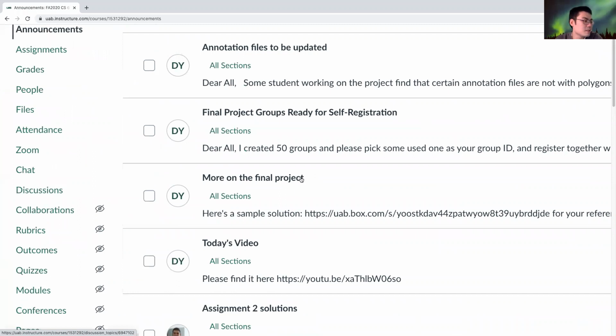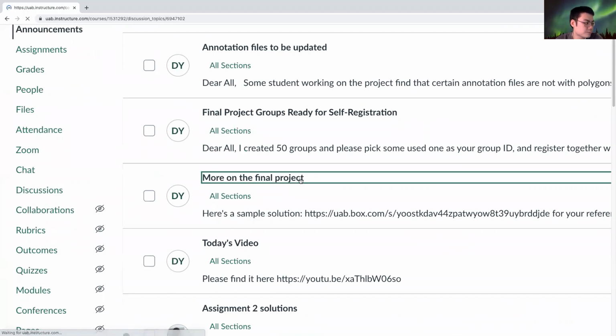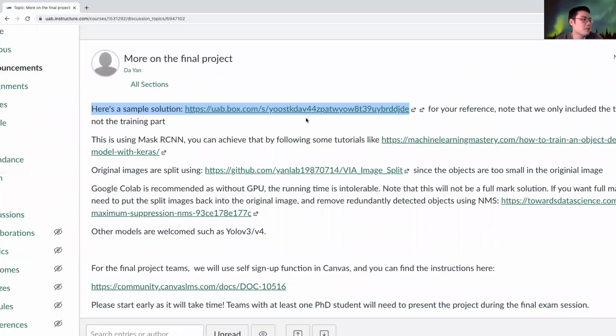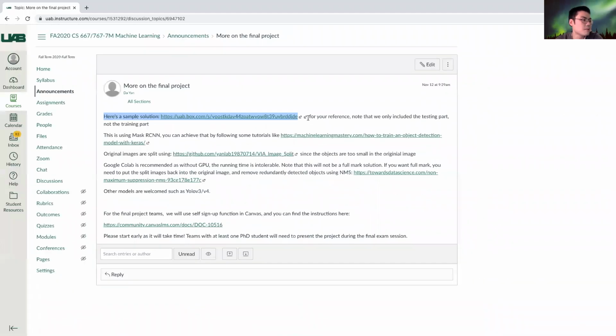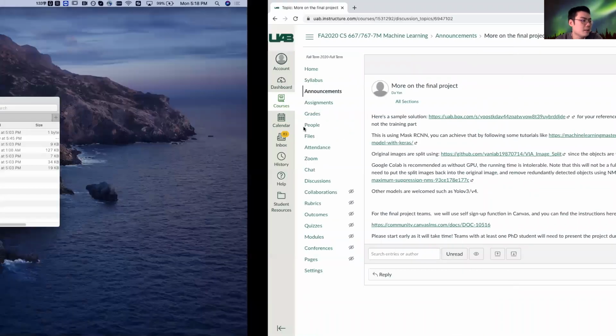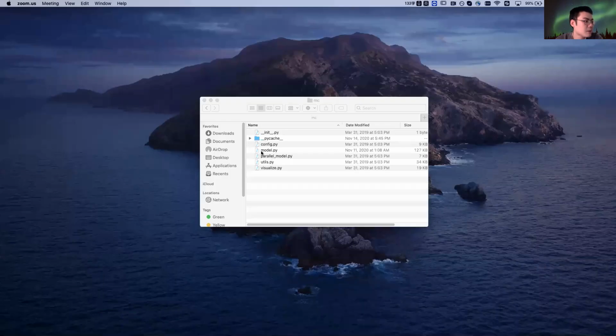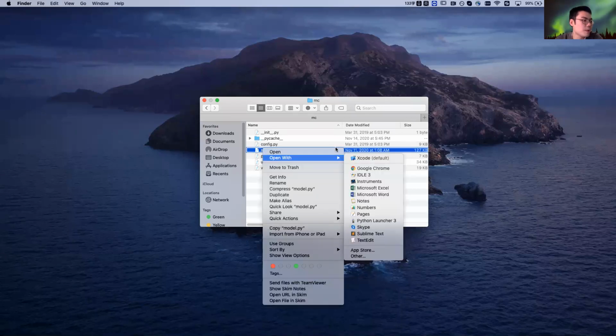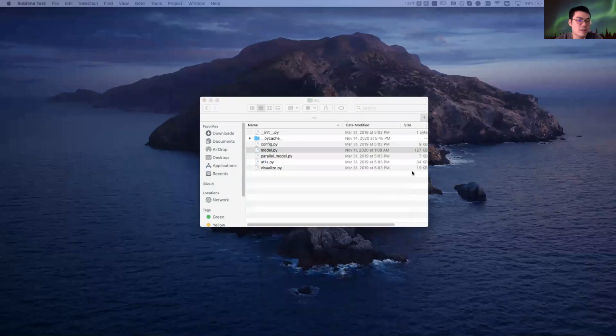The second thing is that we have a sample solution here, and you can download it. It's basically a trained model where you can load the trained weight matrices into your model and do the testing. By default, it only takes TensorFlow 1.